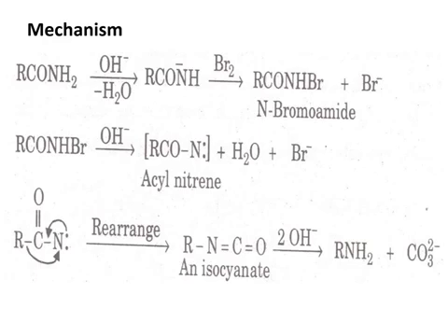In the previous slide, you have noted that a total of four sodium hydroxide molecules are being utilized in this reaction. From this slide, you can count that two hydroxide ions are being used in the first two reactions and two hydroxide ions are mentioned in the last equation. So for one molecule of amide, a total of four hydroxide groups or four alkali units are required for accomplishing this reaction.